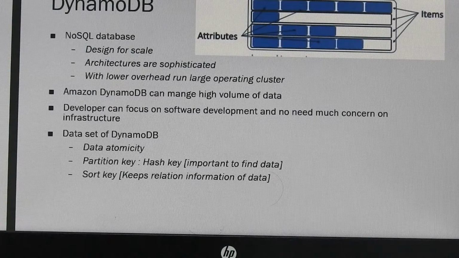But at the very beginning, your amount of data might be zero or very little. As your business progresses, you don't need to worry about increasing the infrastructure, changing or modifying the software, or adding extra servers, because the data management part is handled by DynamoDB, and as a business person, this is a perfect idea.